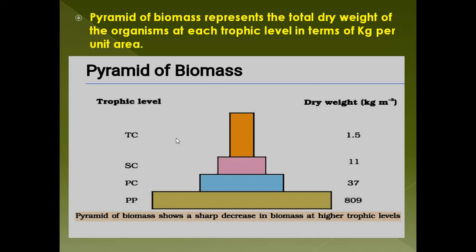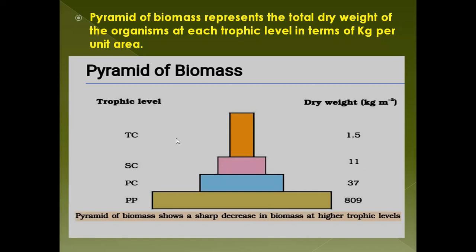And the next is the level of the primary consumers, and at this trophic level we see that the total dry weight is about 37 kilogram per square meter area, so decreasing.